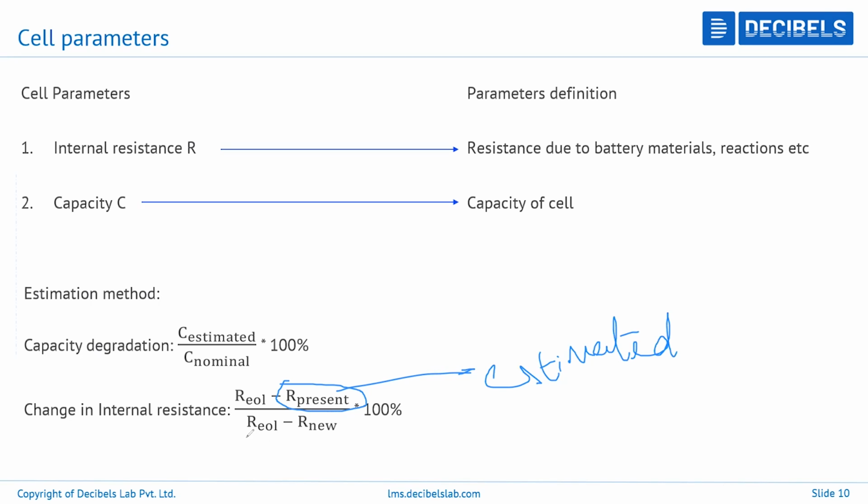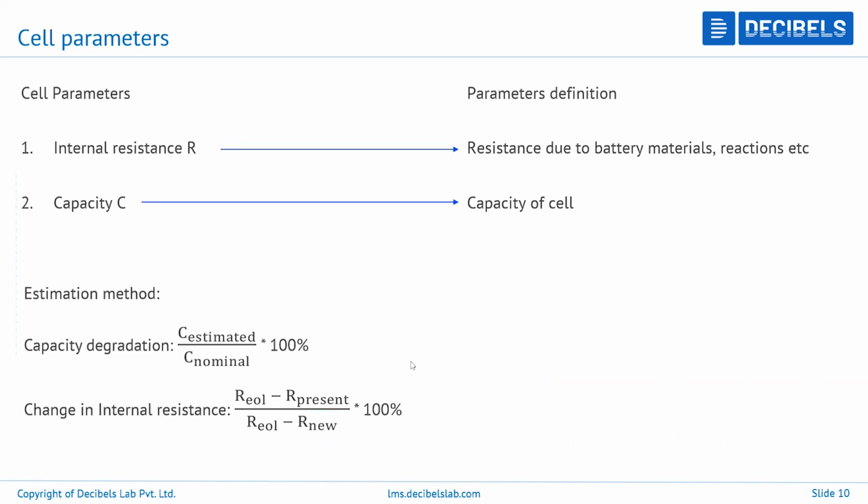And then RUL, again, that is end of life resistance minus R new. So this is basically the resistance that has been obtained in fresh condition. Okay. So this is how we are going to be defining the different cell parameters. These are the parameters that will be updated inside the extended Kalman filter algorithm.